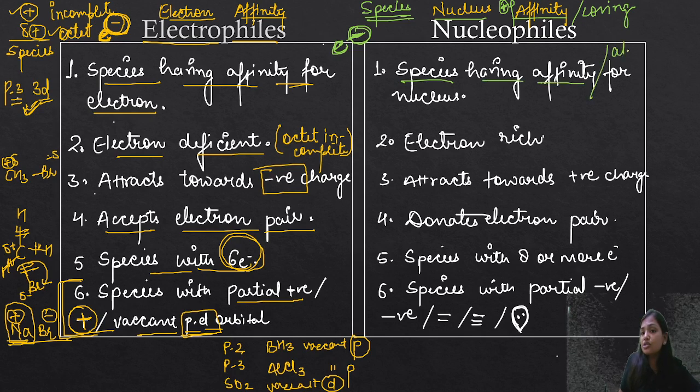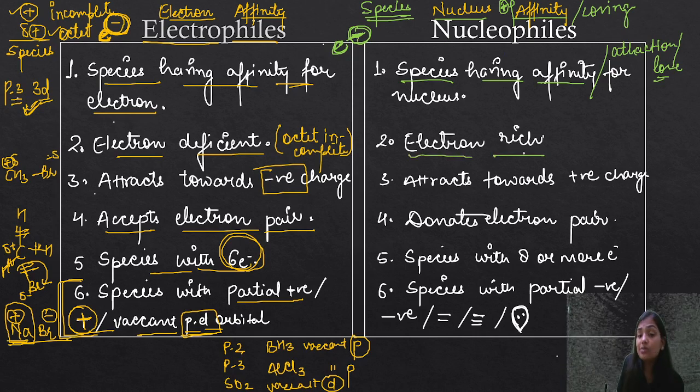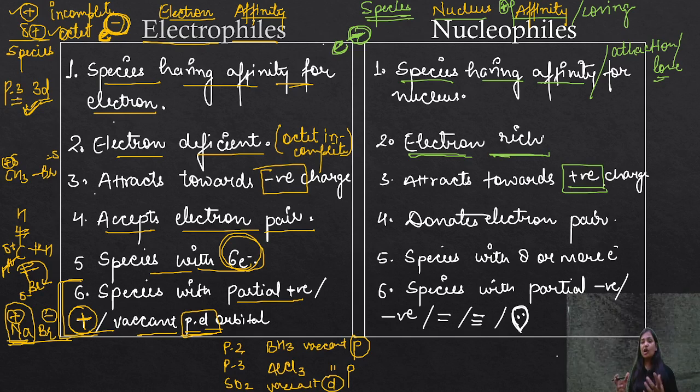Affinity means attraction, or you can say love, for the nucleus. Any species that is electron rich could be considered a nucleophile. Any species bearing a negative charge will show attraction towards the positive, because opposites attract and likes repel.